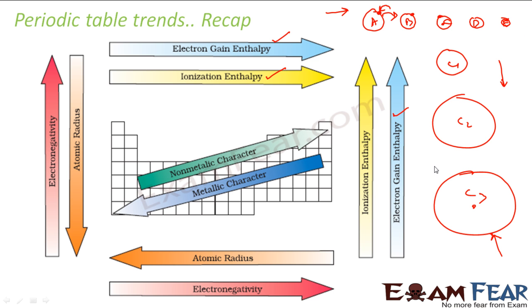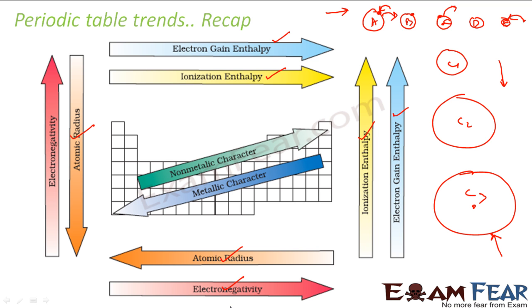Similarly, if you go up, the size decreases. Again, since the size decreases, it is difficult to pluck an electron, right? So the ionization enthalpy will increase. Similarly, we have the atomic radius. The moment you go from here to here, it decreases. Electronegativity also, since it is smaller in size, can pull the nearby electrons more easily.